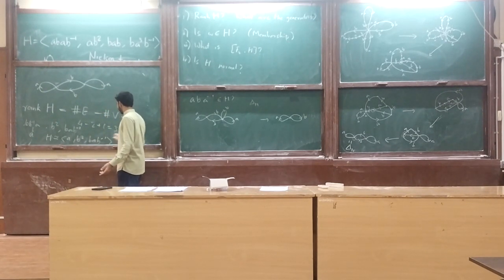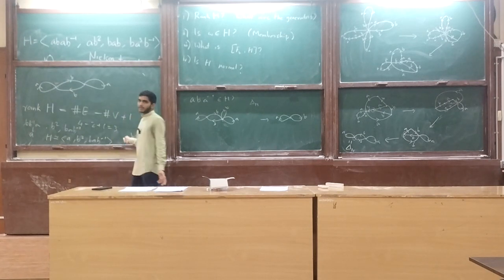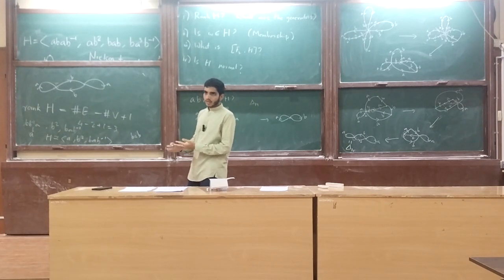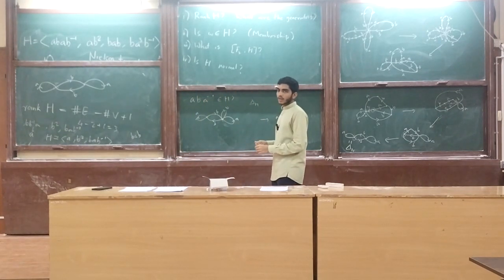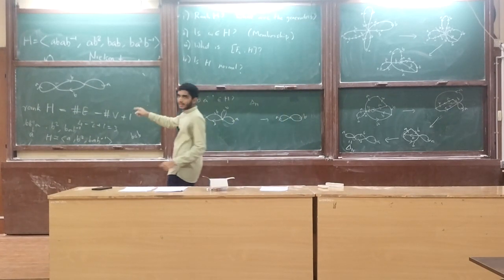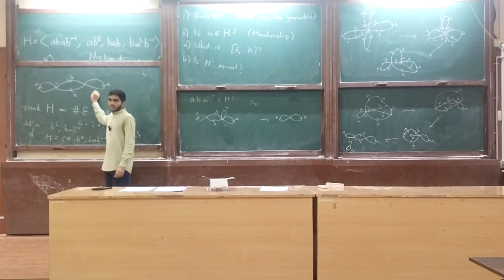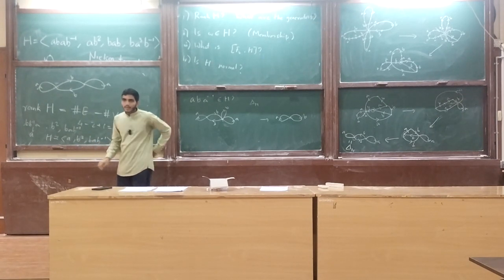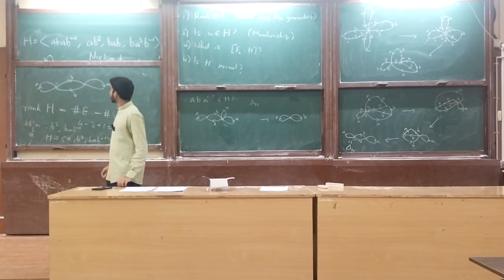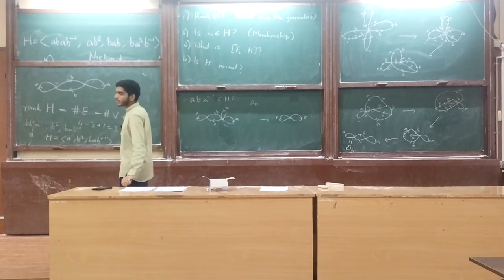I could replace this BAB by BAB inverse, and I'll still get the same group. If we had attached ABA inverse to this graph, yeah.